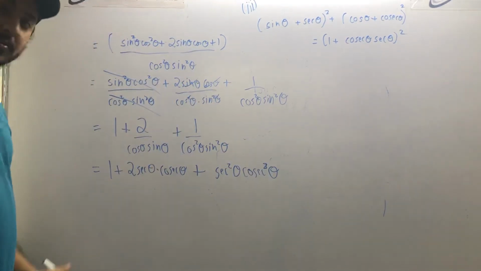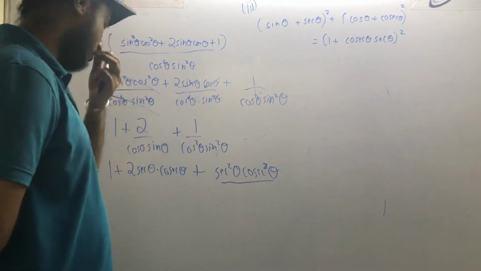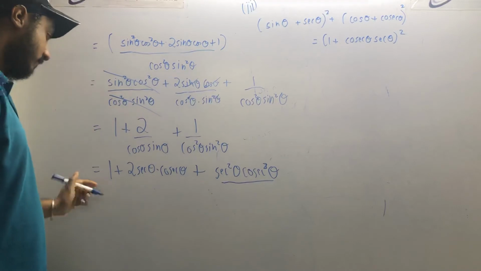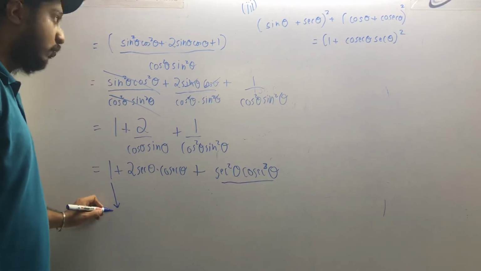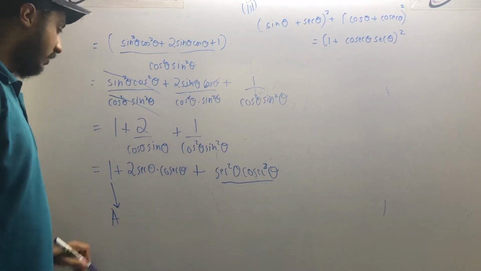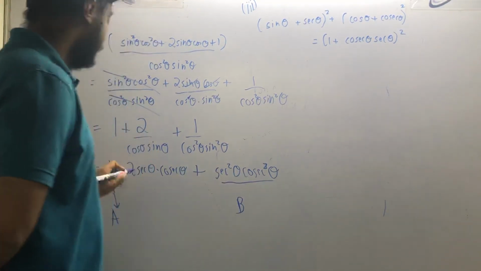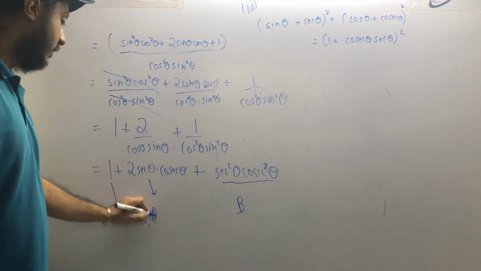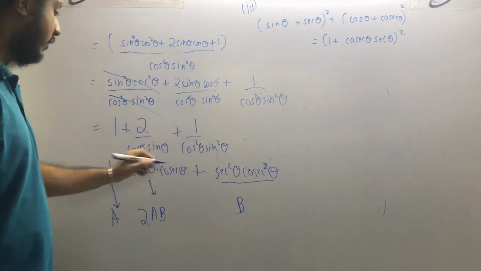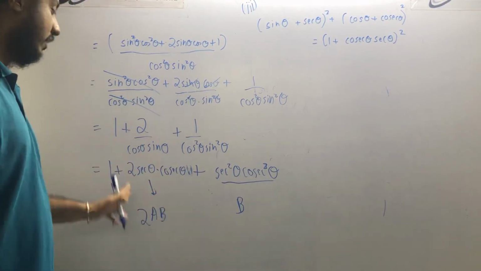What form is this? What you can assume is 1 to be A. Okay. Sec theta cosec theta to be B, and this is what? This is 2AB. You can write here into 1. Okay, no need to write 2 into 1.